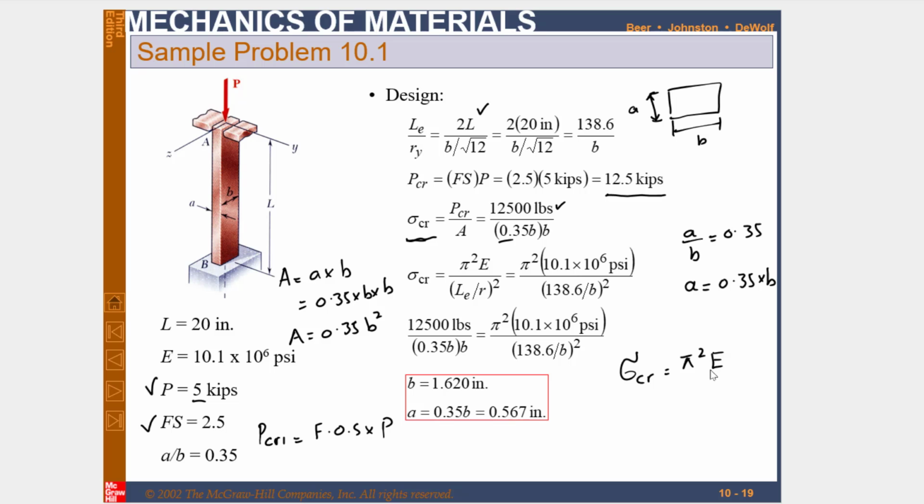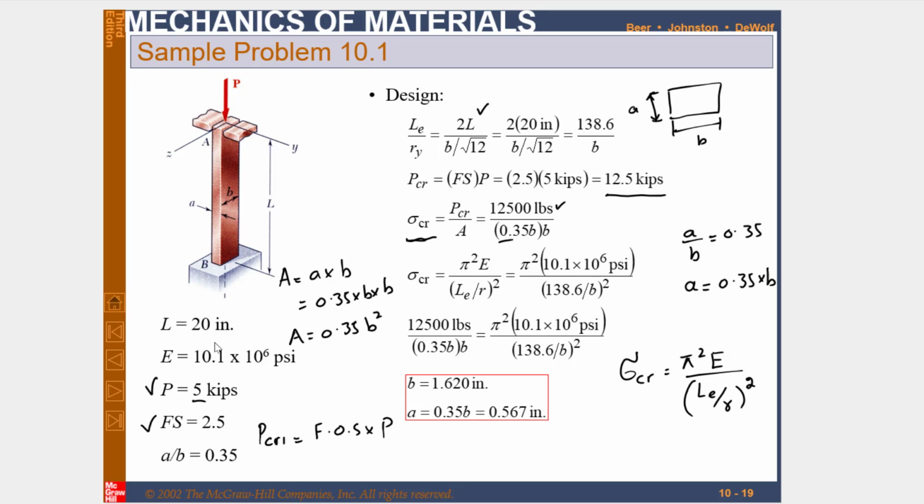Also we know that the critical stress sigma CR is equal to pi square E over LE over R whole square. For that, this length is 20 inch, clear?